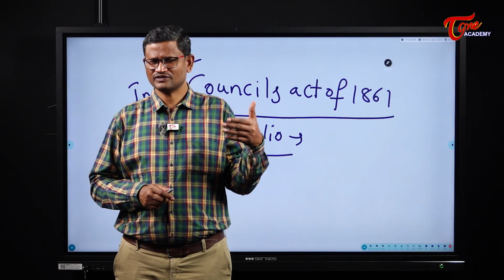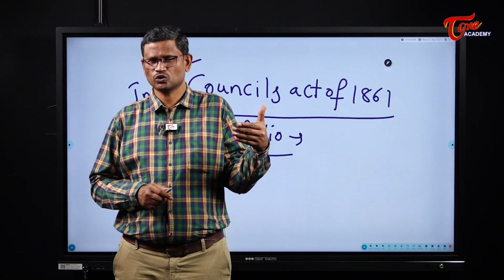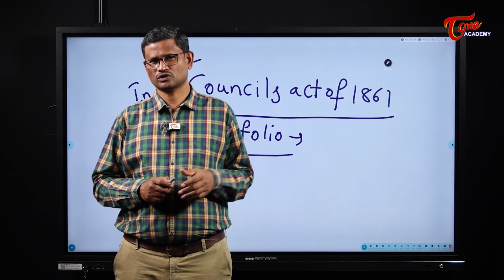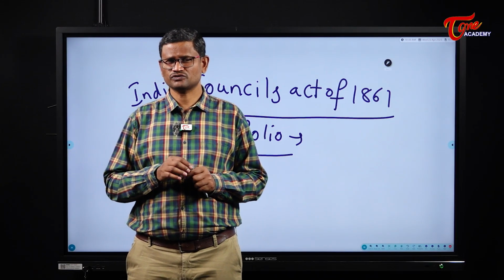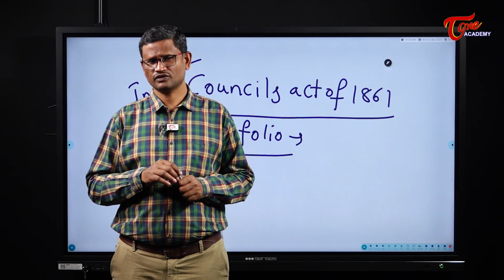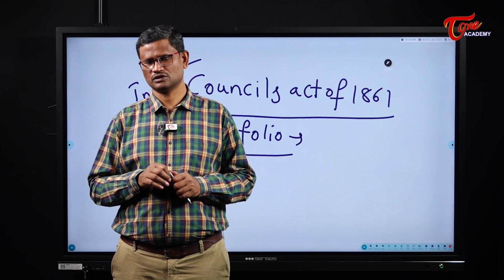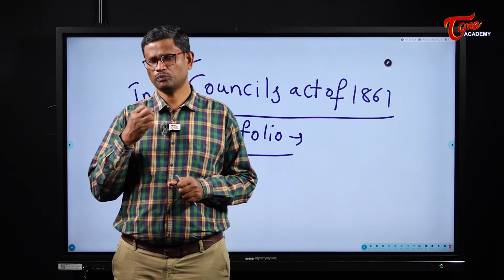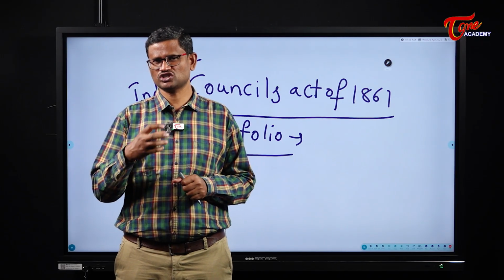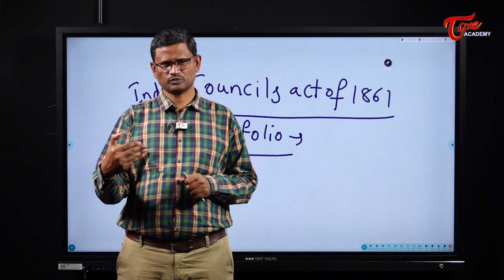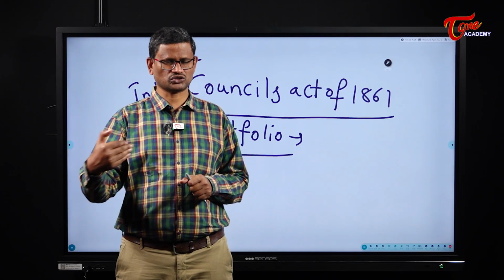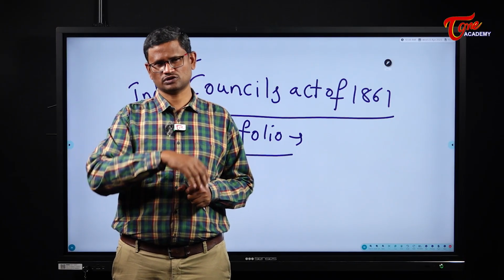The routine matters of that department were looked after by the member, and the more important matters were decided by the Governor General along with the Executive Council. So this system, the portfolio system, means a division of labor.